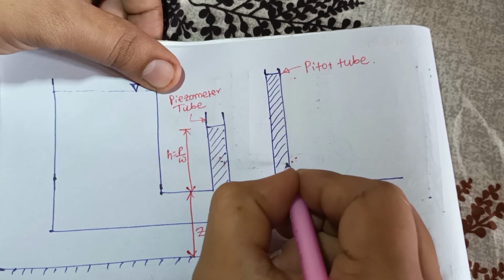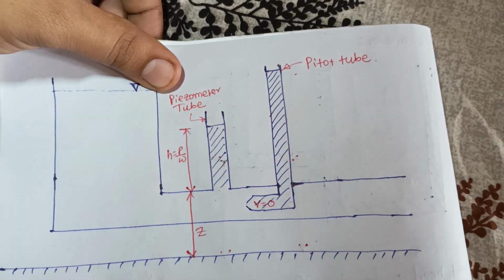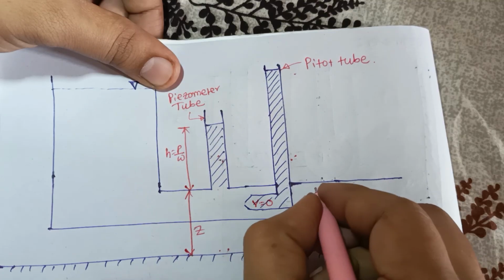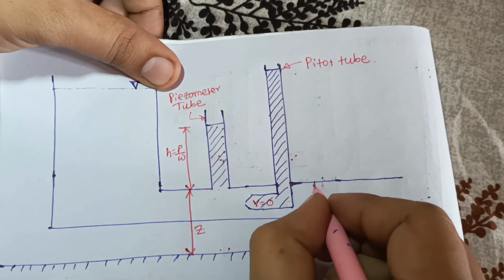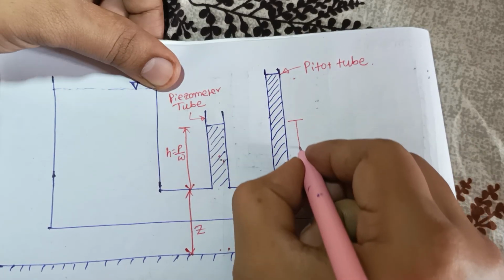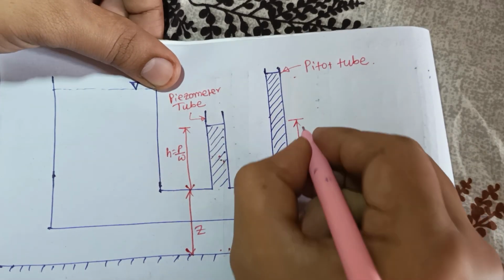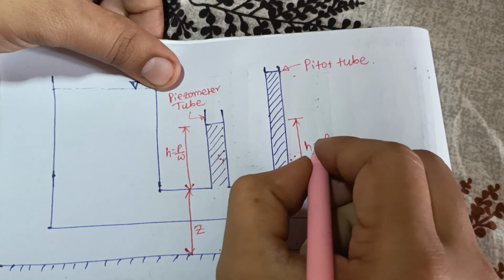So from here to here the distance is z, and from here to here the distance is h, that is equal to P by omega.